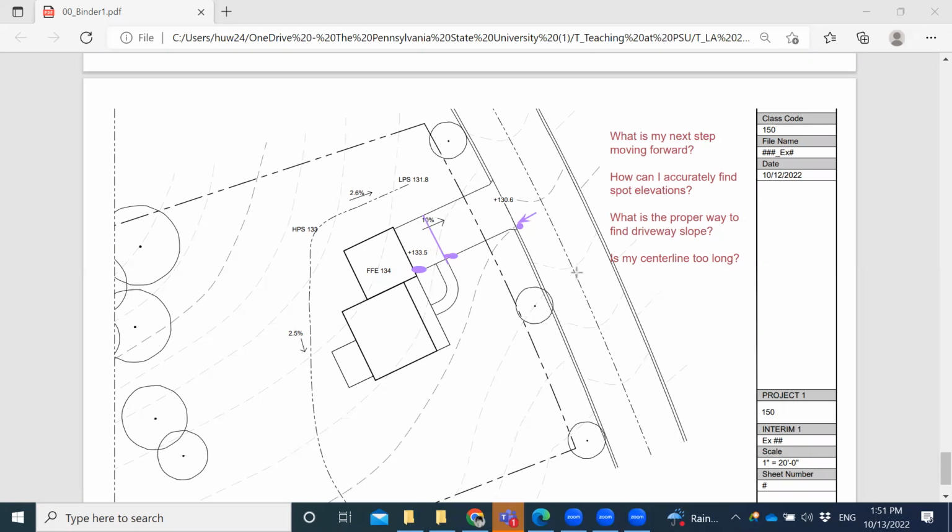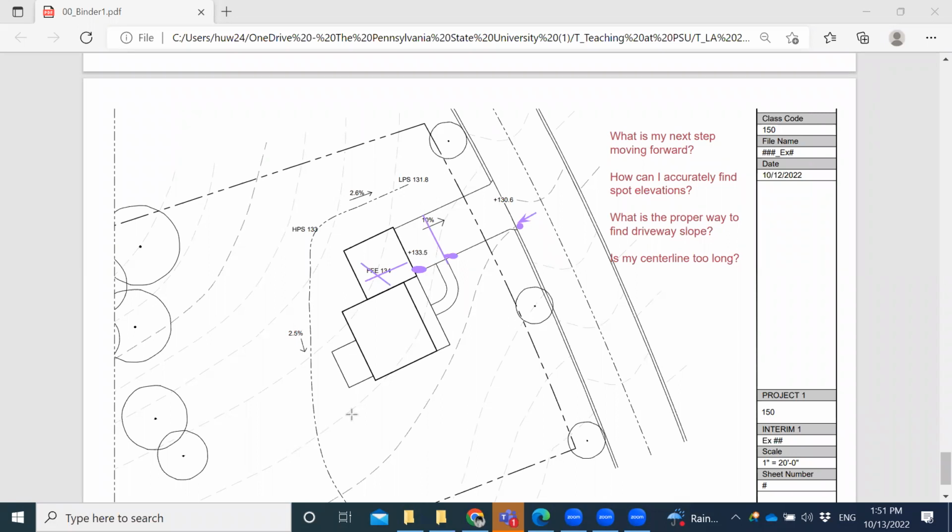Right now, the FFE, we need to recalculate that one to see if that one is working. So you can use FFE equal to 134, but likely the slope will exceed 10%.